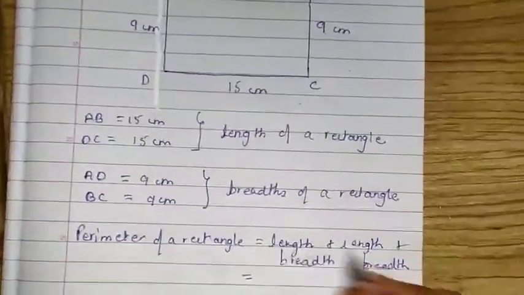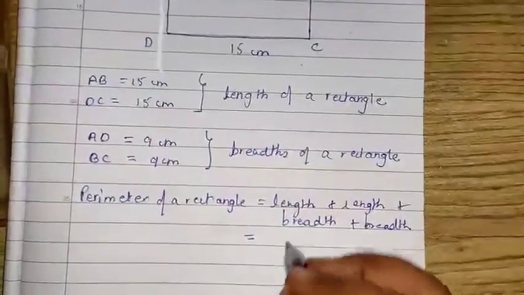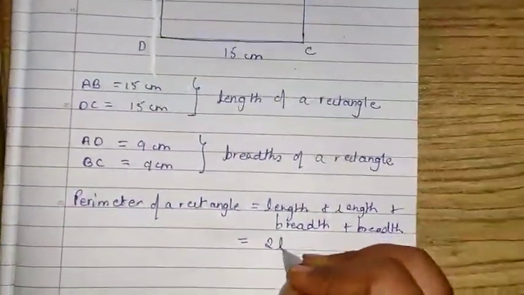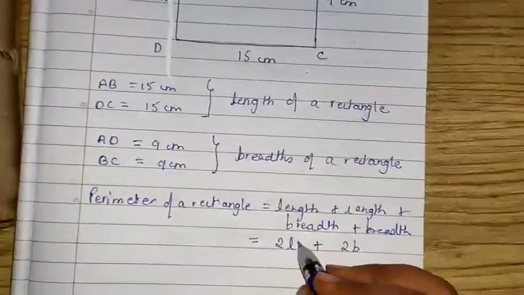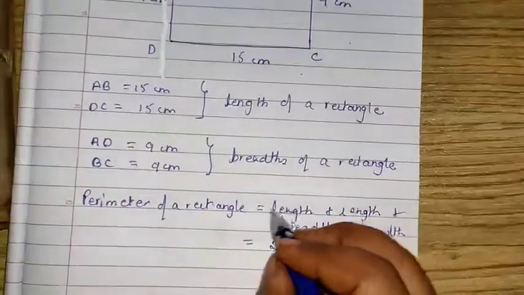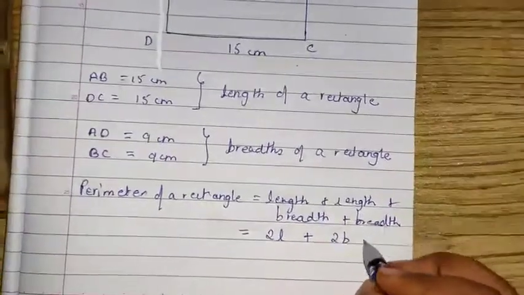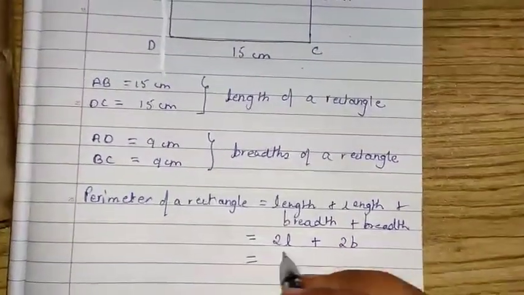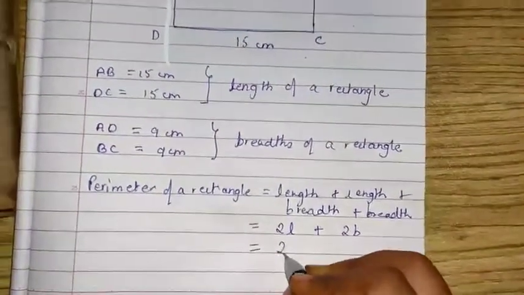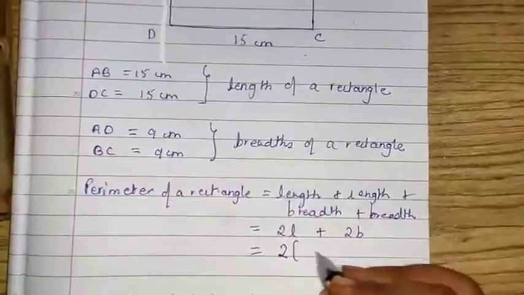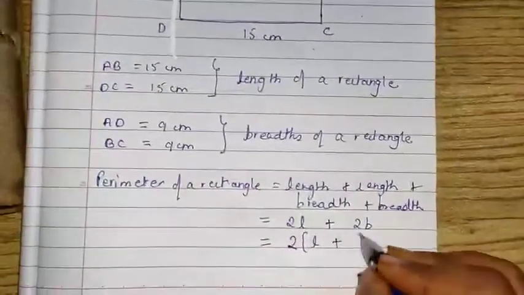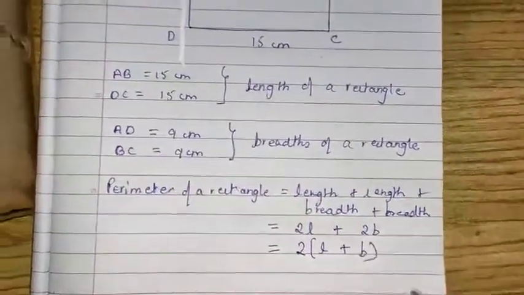So we have two lengths and two breadths, so we write 2 lengths plus 2 breadths. We write the first letter, L, for length and B for breadth. So what is common over here? Yes, we have 2 common, and we take it common and put the rest in a bracket. So we have length, which is uncommon, and breadth, which is uncommon.